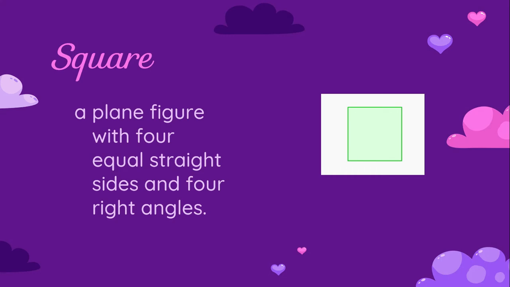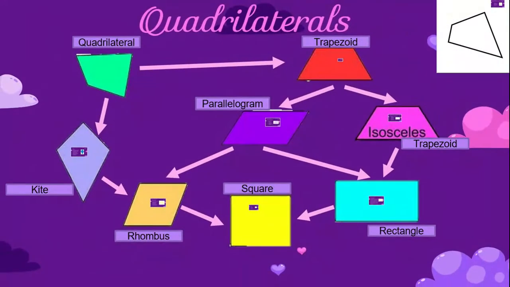Squares are always any kind of quadrilateral. So that is the quadrilateral family.